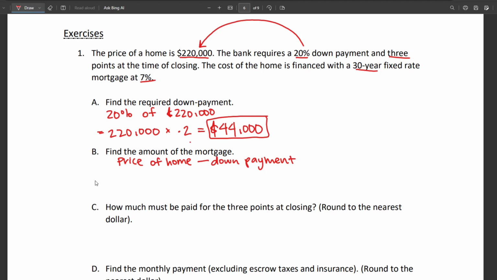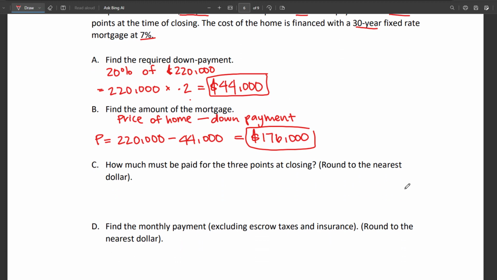So our principal is 220,000 minus the 44,000. We are getting our loan for $176,000. This is what we're getting the loan for, not the full $220,000.